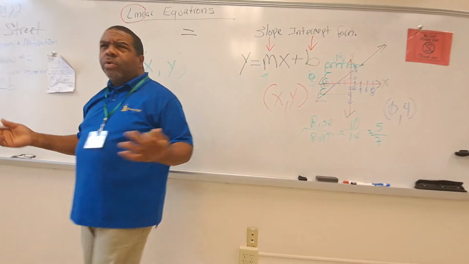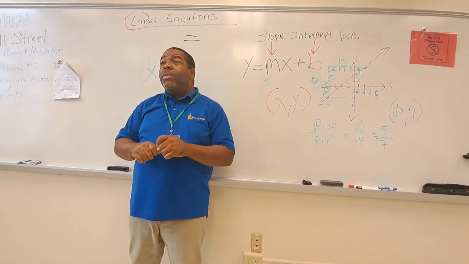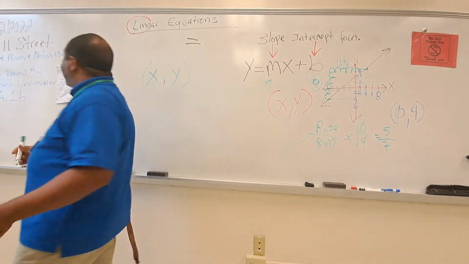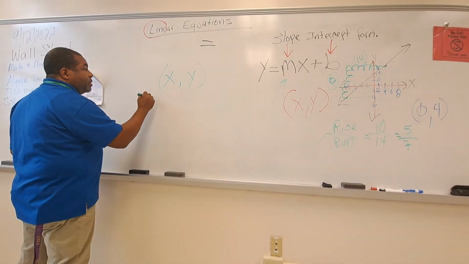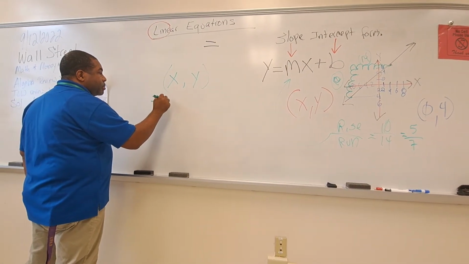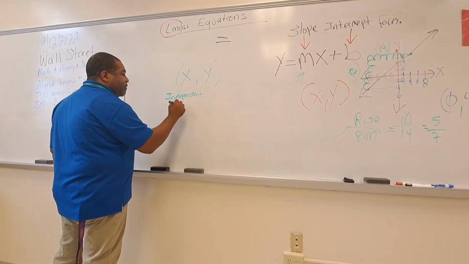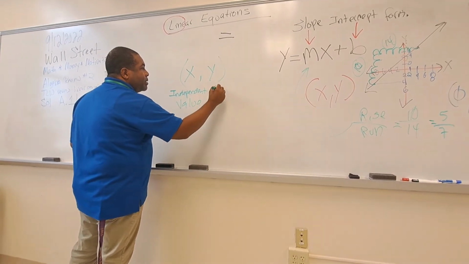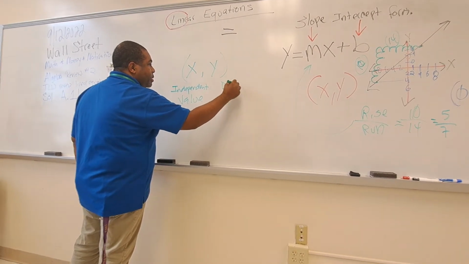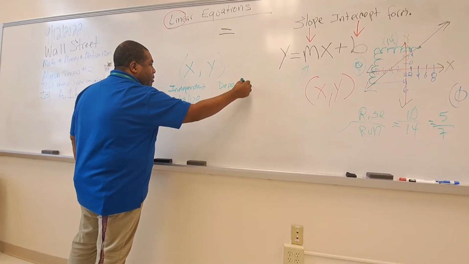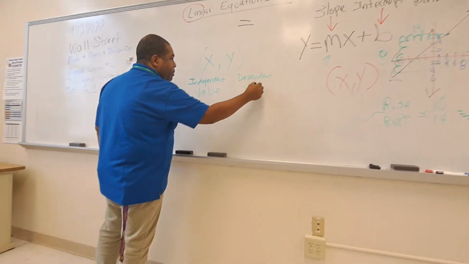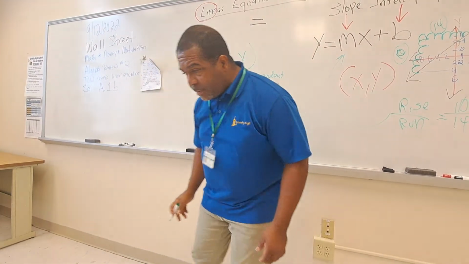If you had Brewer last year, we didn't go into this really deep. X is going to be called the independent value, and Y is going to be called the dependent value.